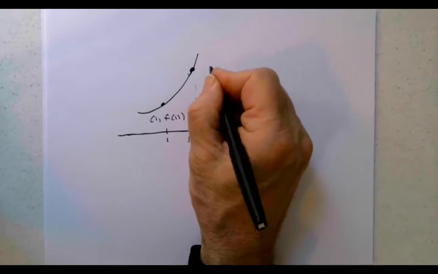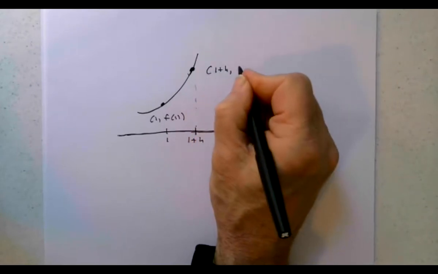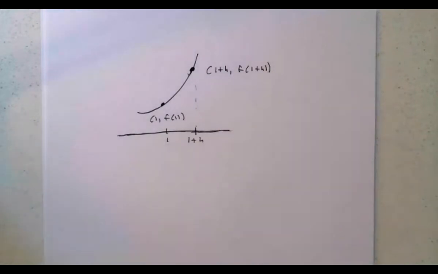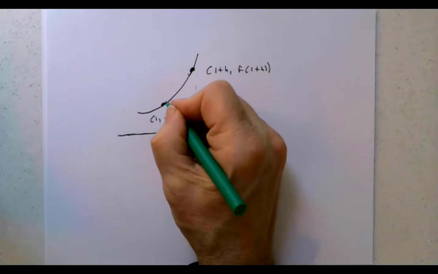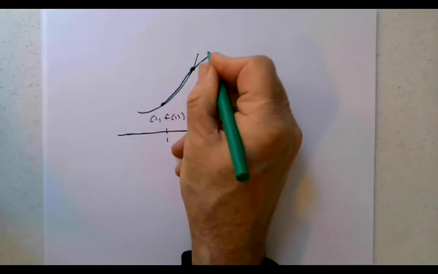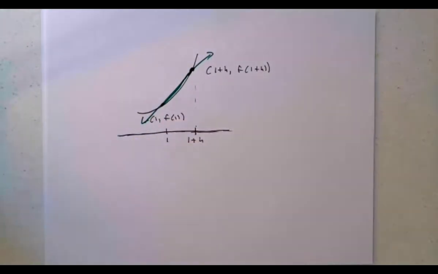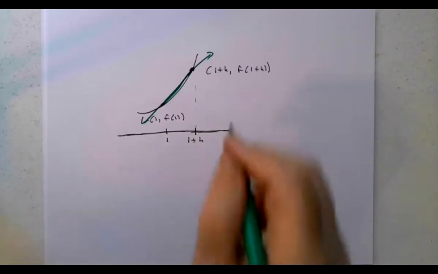So this point, x value is 1 plus h, and the y value is f of 1 plus h. And we're going to draw a secant through these 2 points. It's supposed to be a straight line. We draw a secant between those 2 points. Now, what is the slope of that secant?